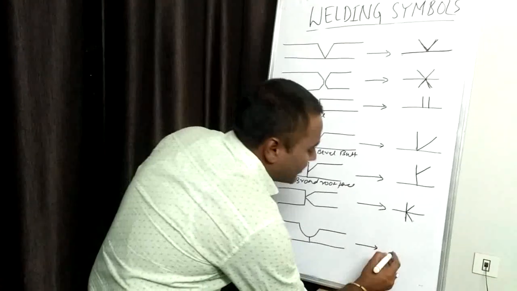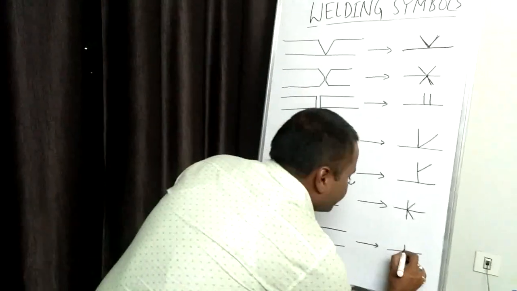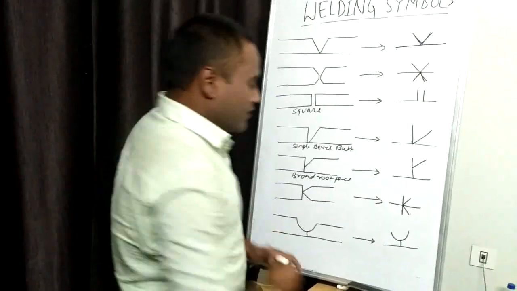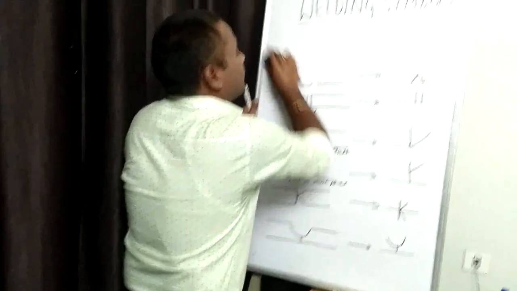For U joint, single U joint, this symbol shall be used. This is a single U joint, and for single U joint, this symbol shall be used. Now for double U, I'll write.